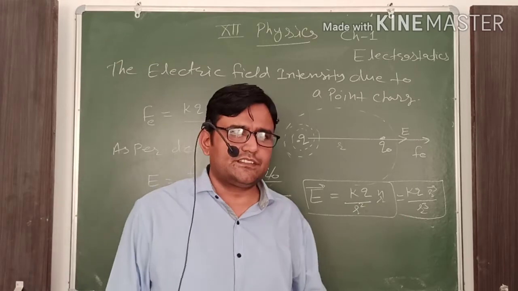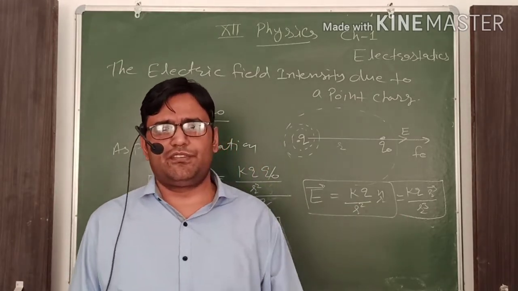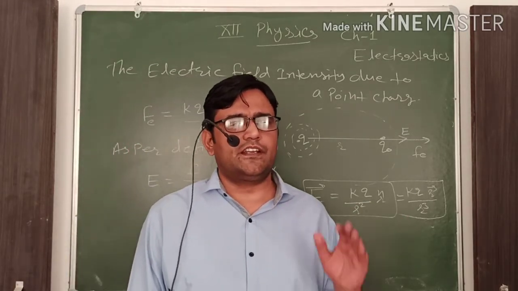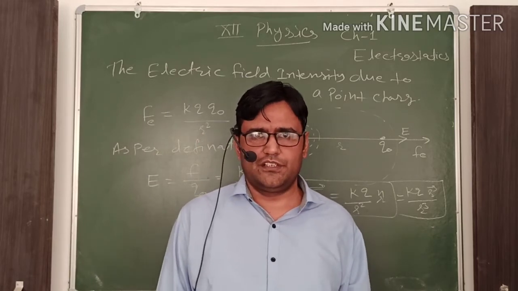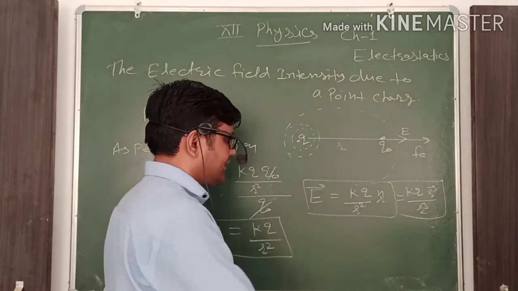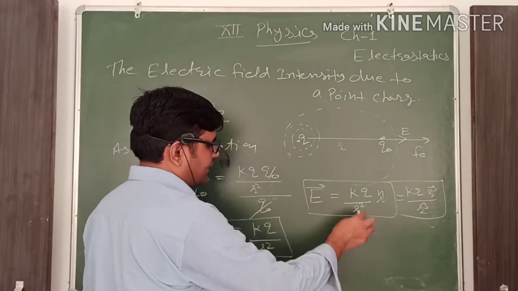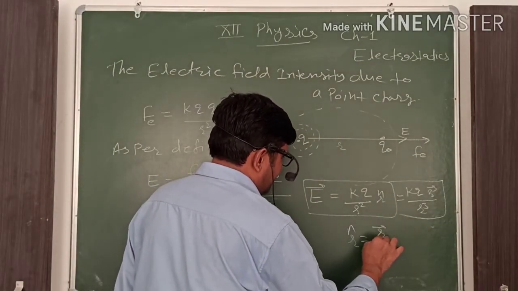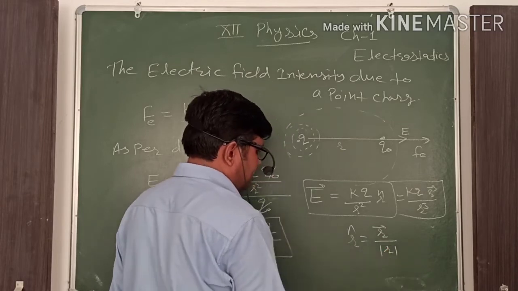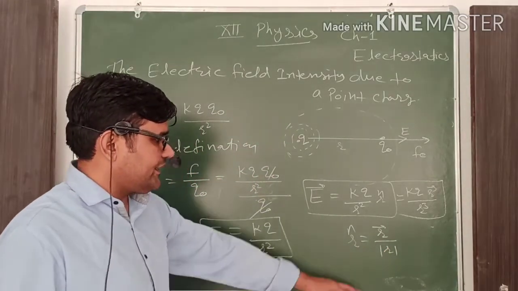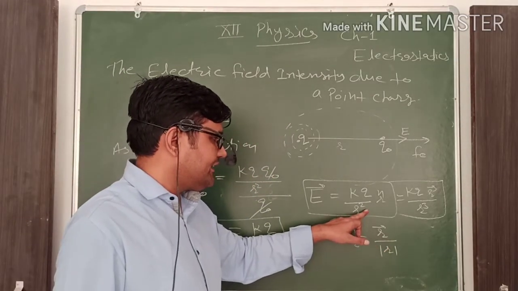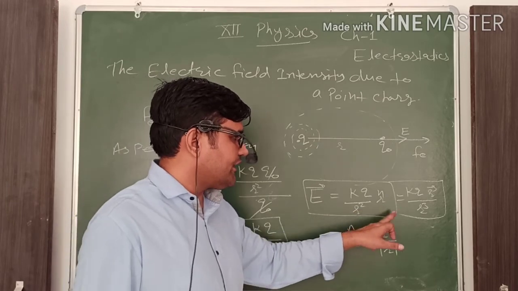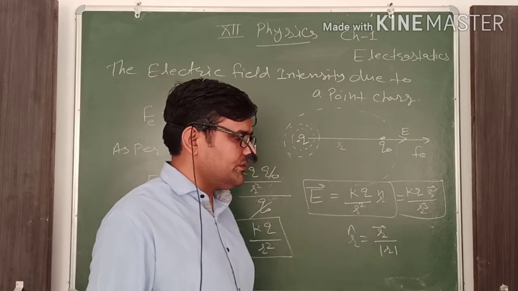In this case, we are considering the direction vector, or the unit vector, in the vector formulation. As per the definition of vectors, we already know that the unit vector is defined as the vector upon the magnitude of that vector. Here the magnitude is R, that's why R square into R is converted into R cube.